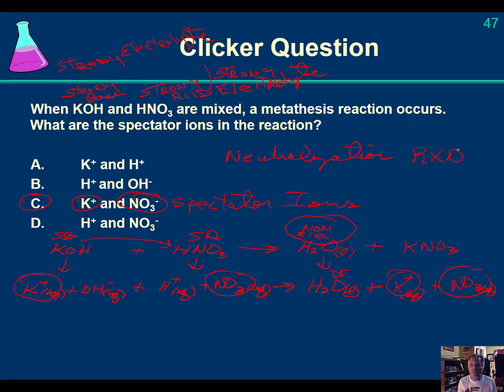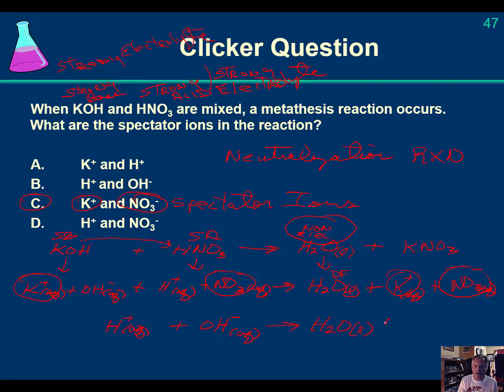And neutralization is just another word for an acid-base neutralization reaction, and it is the other type of metathesis reaction that we talked about. So that's going to give me a net ionic equation of H plus aqueous plus OH minus aqueous makes our driving force water.